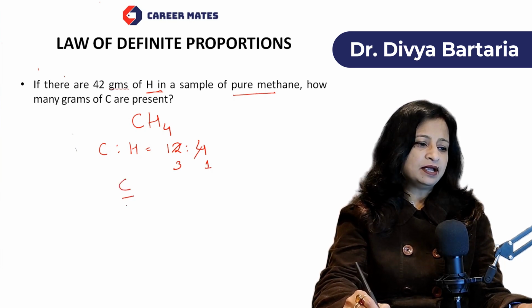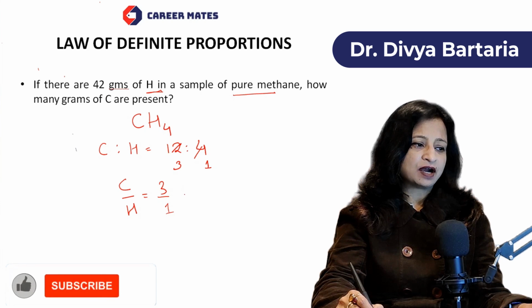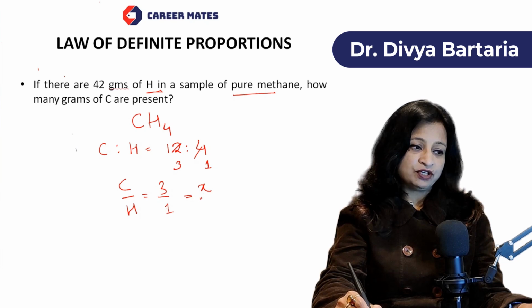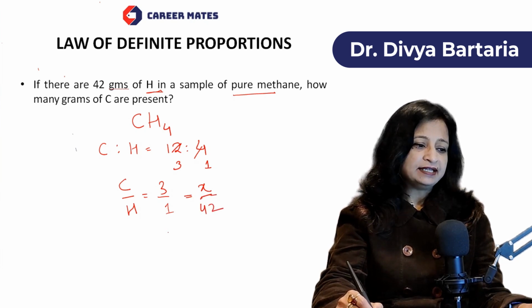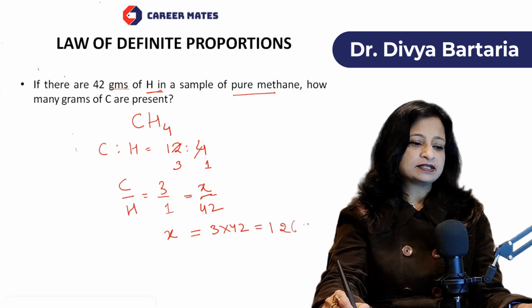So carbon and hydrogen का ratio 3:1 है, and on that basis we can very easily calculate the percentage or mass of carbon present. So if the mass of carbon is x grams, then we know that the mass of hydrogen has already been given, which is 42 grams, and in that way we can calculate the mass of carbon, which is 3 into 42, that is 126 grams.